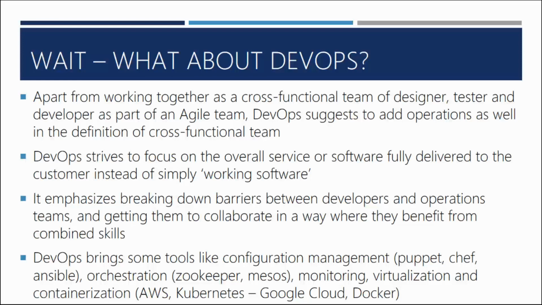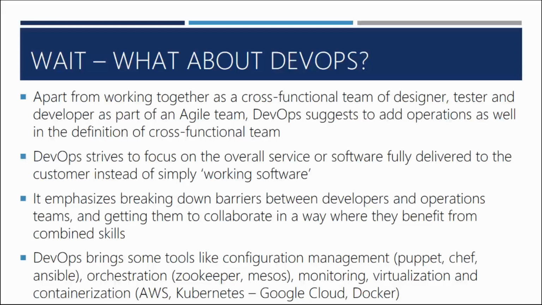DevOps also emphasizes breaking down barriers between developers and operations teams and getting them to collaborate in a way where they benefit from combined skills. And this is very important because in my experience, we have teams sitting in one office developing software. You may have the ops team in a different area and they're going back and forth with emails, meetings and whatnot. Time is money.